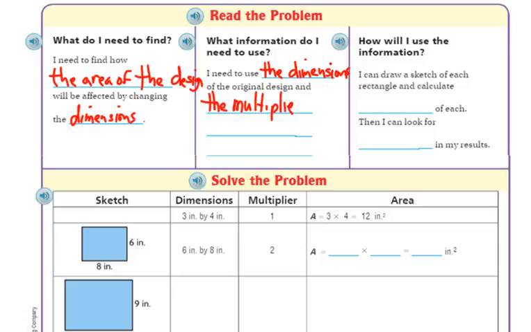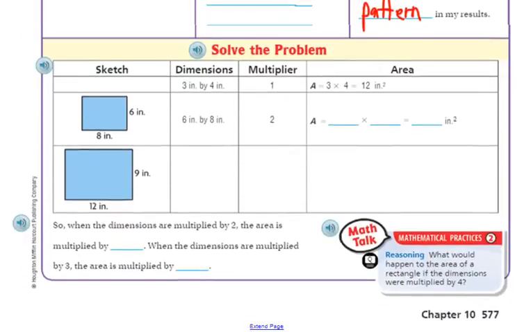Now that multiplier is what we're multiplying by, either the 2 or the 3. How will I use the information? I can draw a sketch of each rectangle and calculate the area of each. Then we can look for the pattern, or how much that area increased by. Alright, let's get to work.